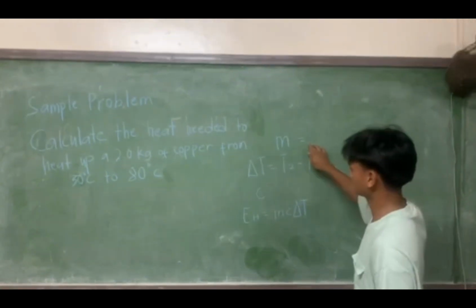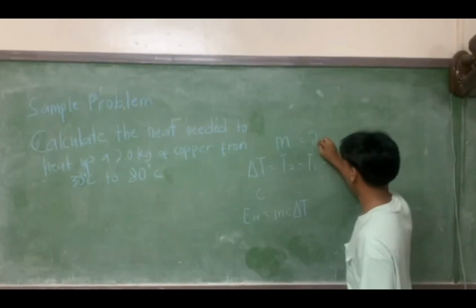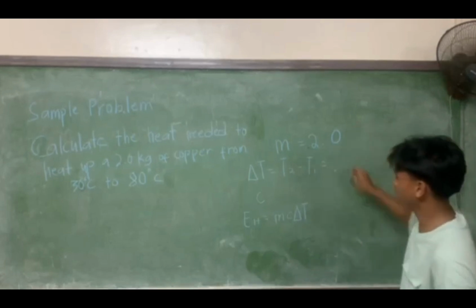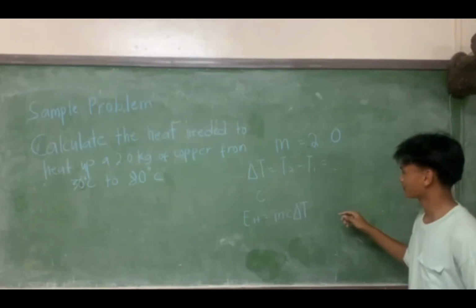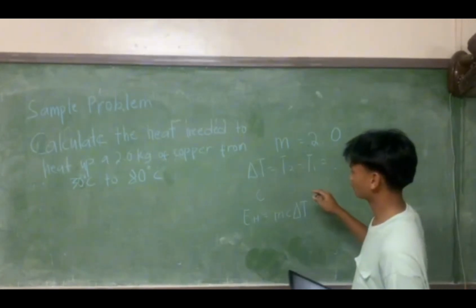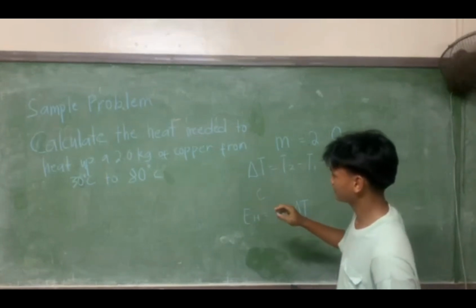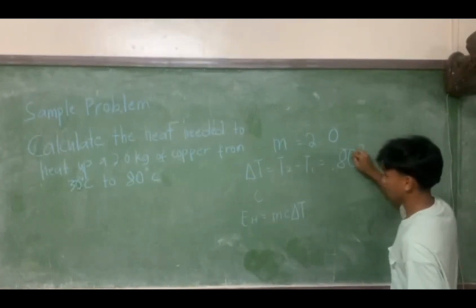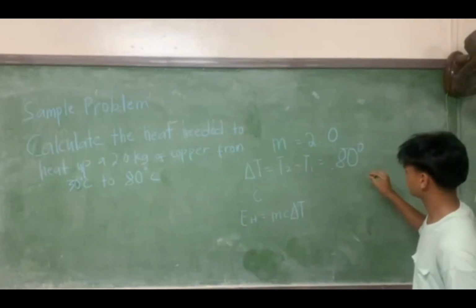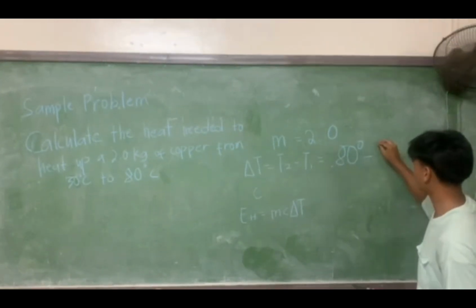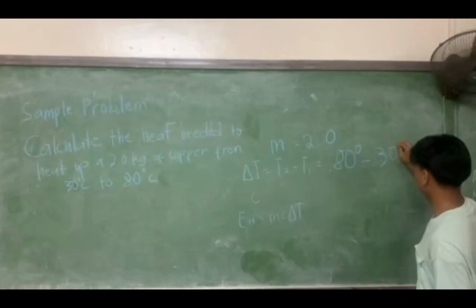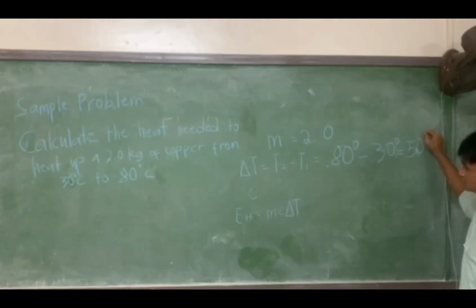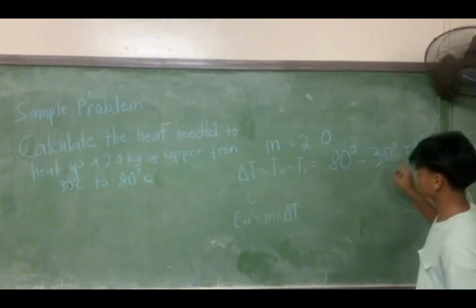The mass is 2.0 kilograms, and the change in temperature is T2, which is 80 degrees Celsius, minus T1, which is 30 degrees Celsius, equals 50 degrees Celsius.